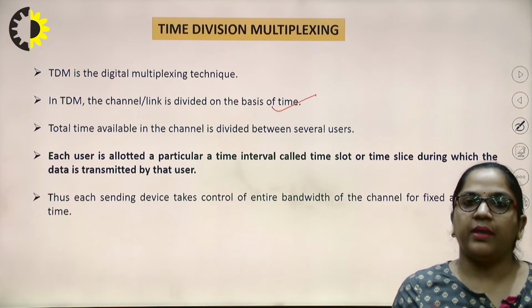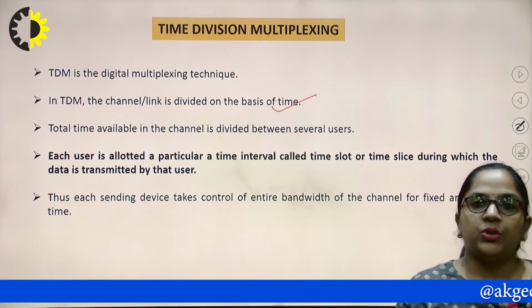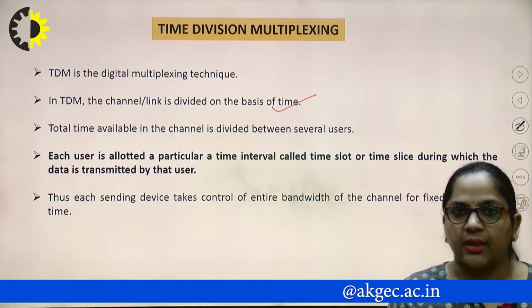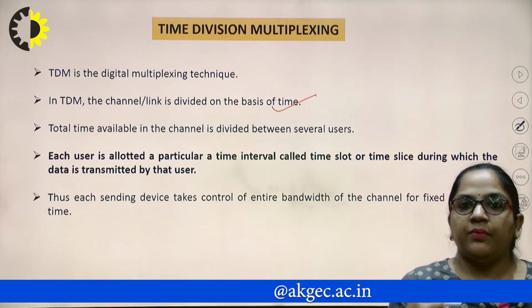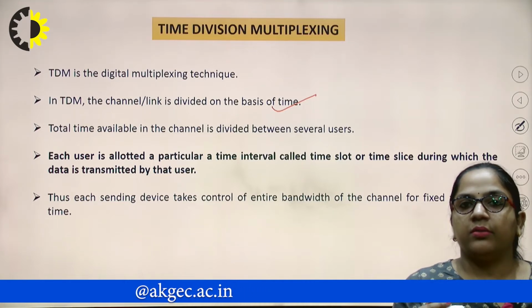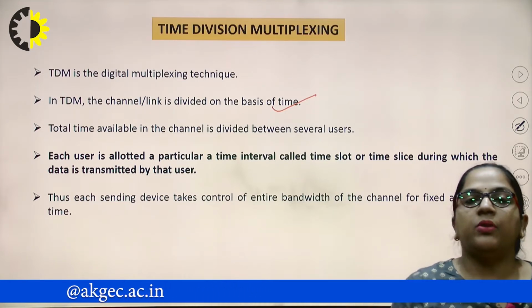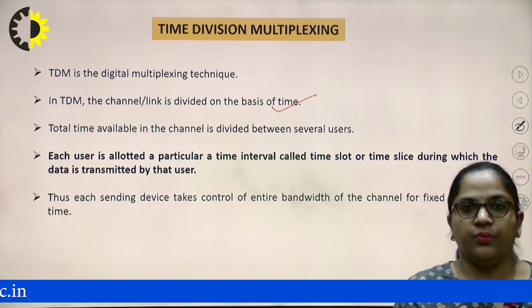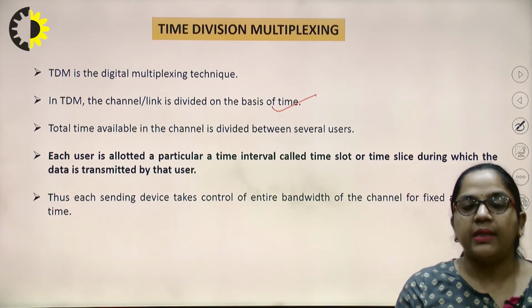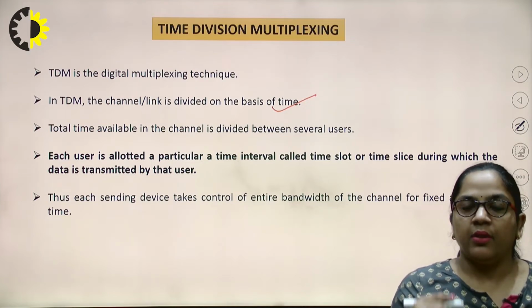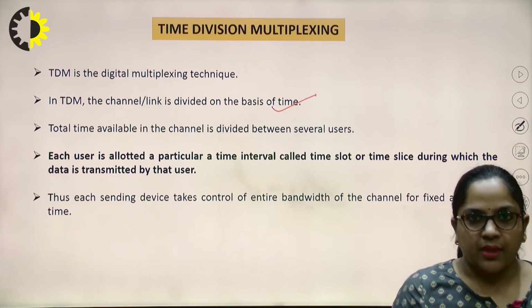If we have n number of users, then the total time available for the transmission of the data, which will be a fixed time or not fixed time depending upon the type of TDM, will be allocated to each user for transmitting and receiving the data. So here the division will be done on the basis of total time available.